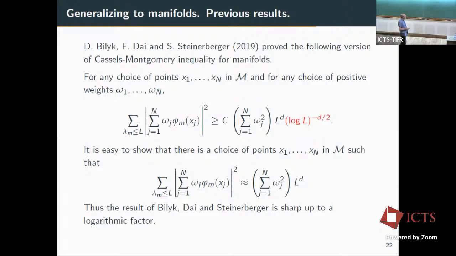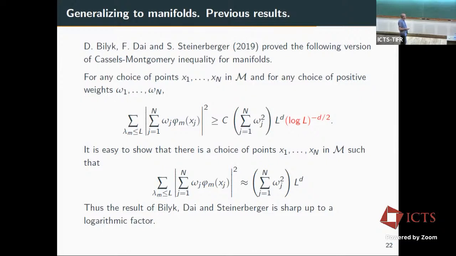Then what you do is instead of taking exponential sums, of course, you take the sums of eigenfunctions evaluated at your points. You sum as the point varies, and then you take the square, and then you take all eigenfunctions up until the eigenvalue equal to L.